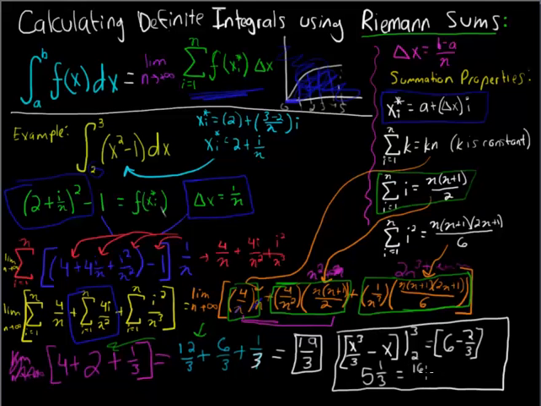I have to figure out what went wrong. 4/3 is 12/3, yup. 6/3. What am I missing here? 4, that's 4, that's 2, and that's 2 over 6, 1/3.